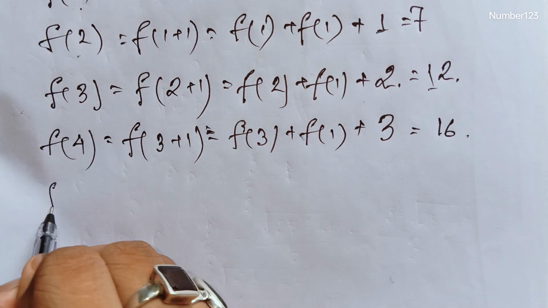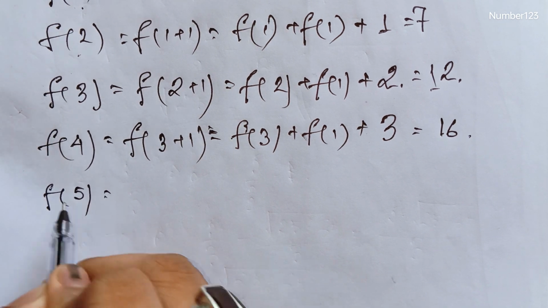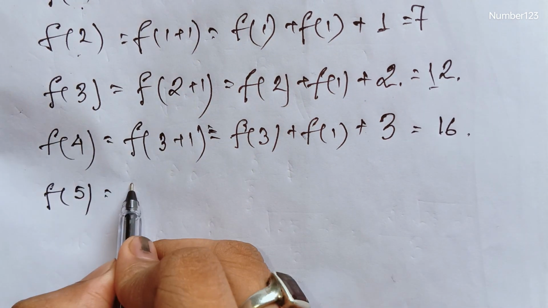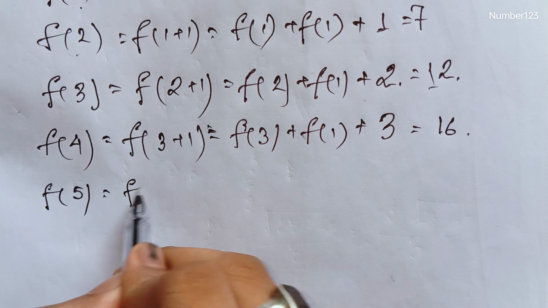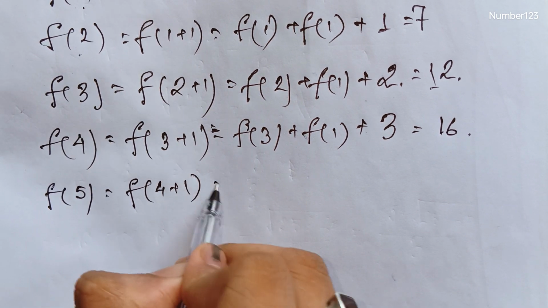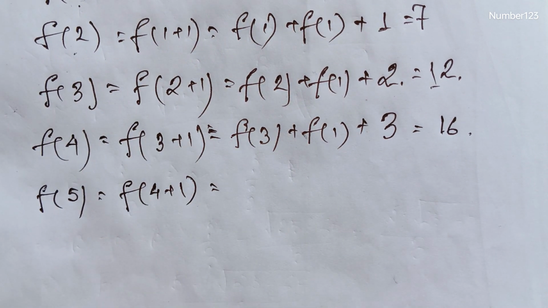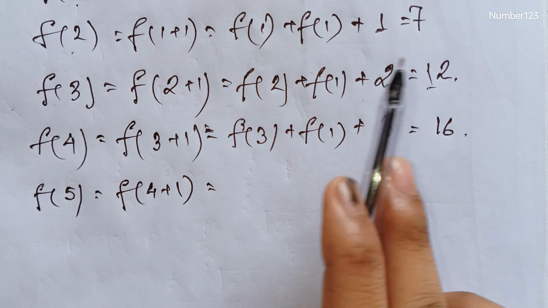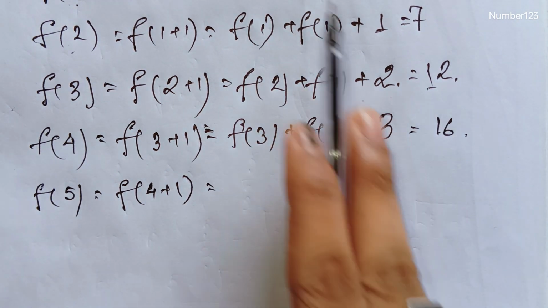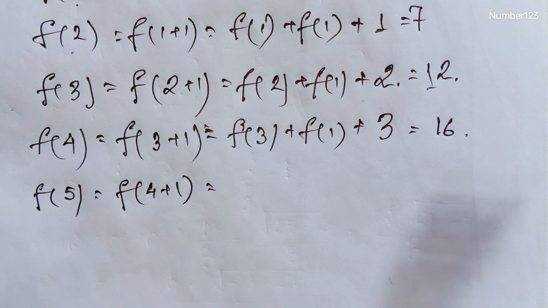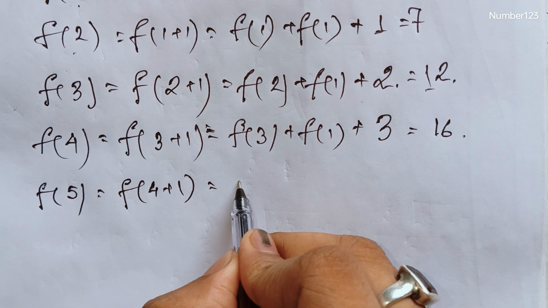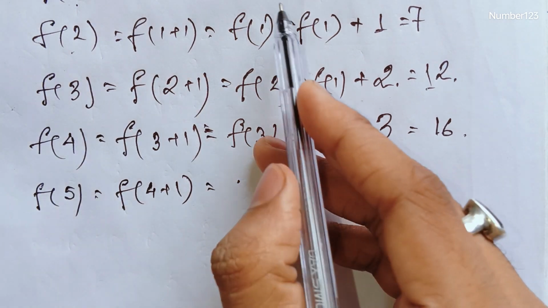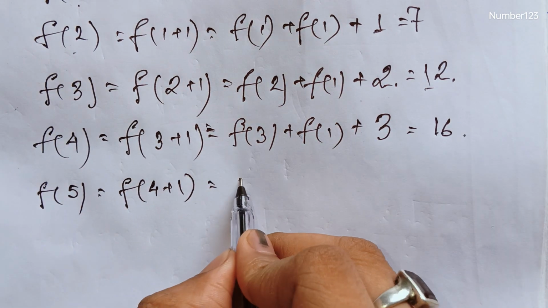Also the next term, see f(5). f(5) means f(4 + 1). We can write it directly as f(4) + f(1) + 4, and f(4) means 16. f(1) means 3, 16 + 3 is 19, 19 + 4 equal to 23.